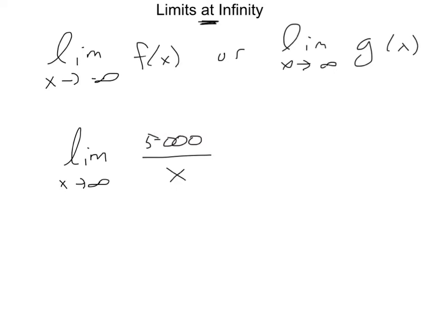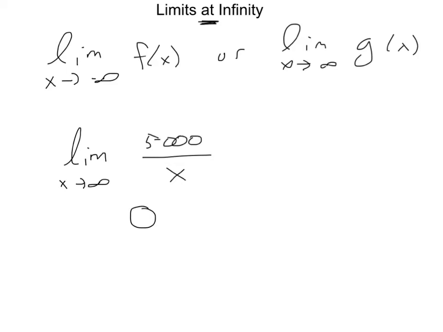Go back to your grade school example of the pizzas. This means you have 5,000 pizzas and you're sharing them with literally infinitely many people. You have a line of people that want pizza that will never end. How much pizza do you effectively get to give to every person? Zero. You give one pizza molecule, and even then you'd run out of molecules of pizza. In this case, it's going to be zero.